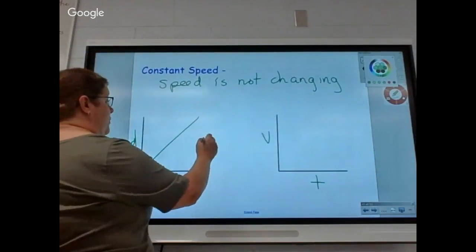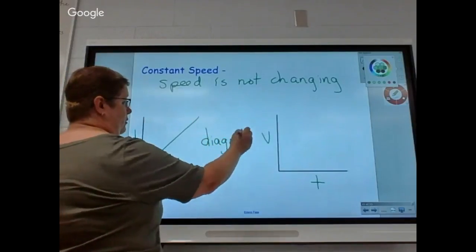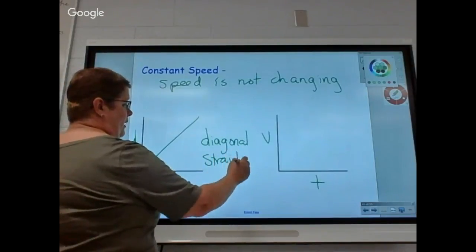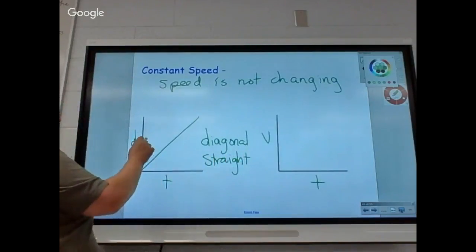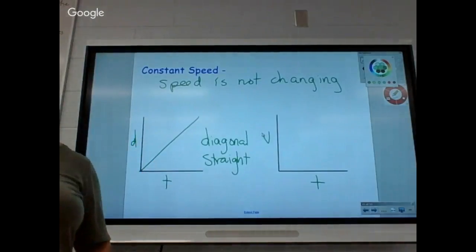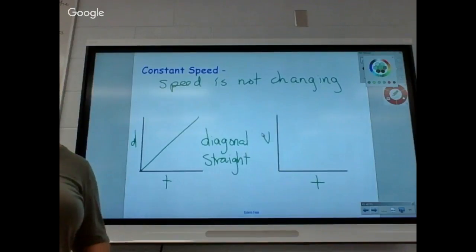Okay? In order to be constant speed, it has to be diagonal and it has to be straight. All right? So the distance and the time change equally, because if they don't, your speed is not constant. One of them is changing at an unequal rate.